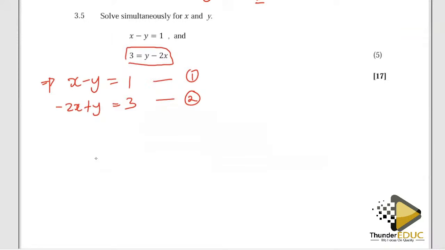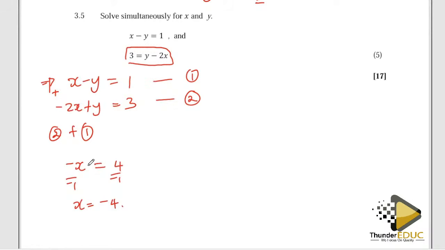So we're going to say equation number 2 plus equation number 1. When I add that, this is going to give us -x, because 1 plus -2 gives us -1. Then the y dies out to be a 0, and then 1 plus 3 gives us a 4. Divide through by -1. This becomes a positive, so which means x is -4.